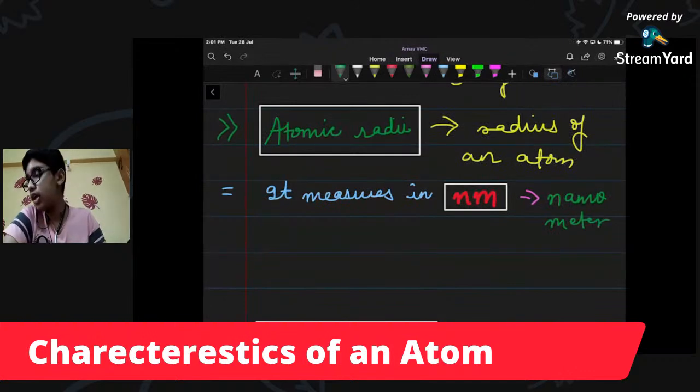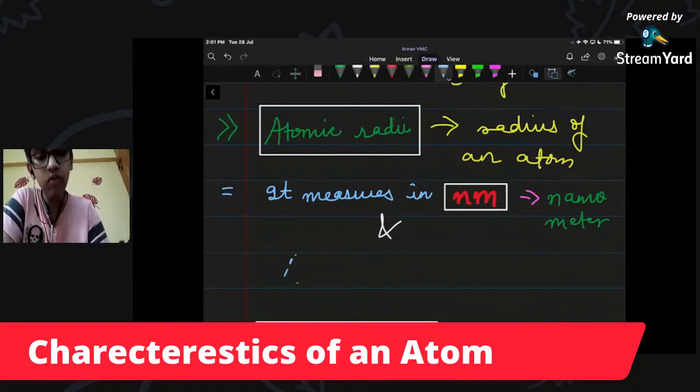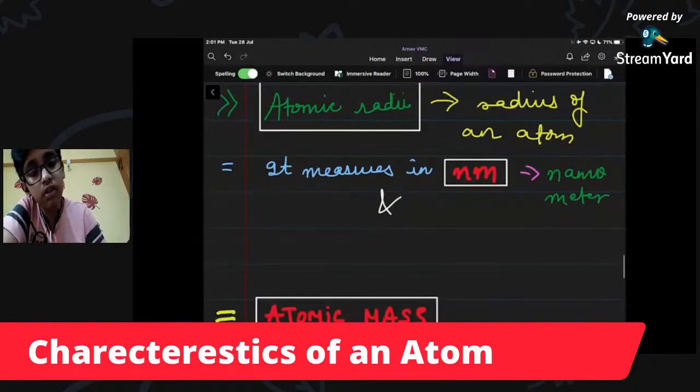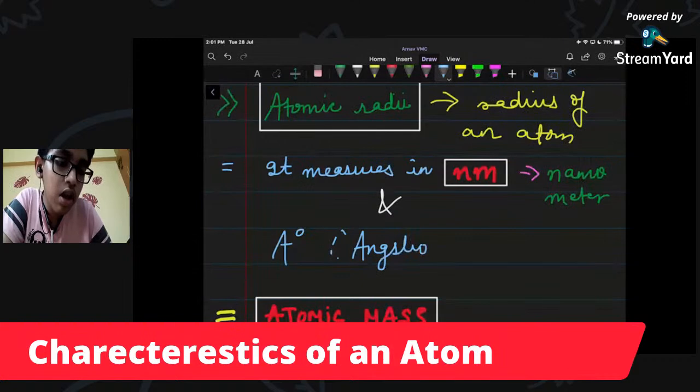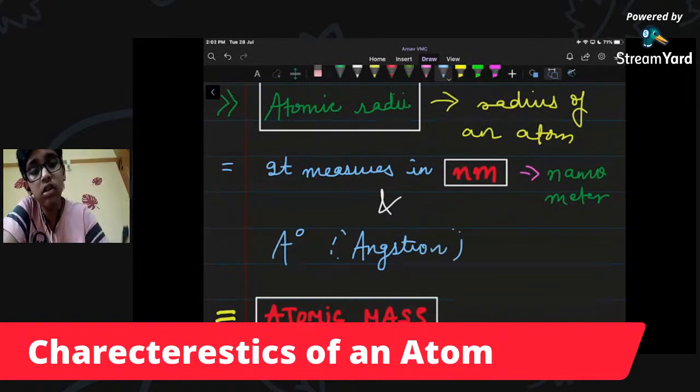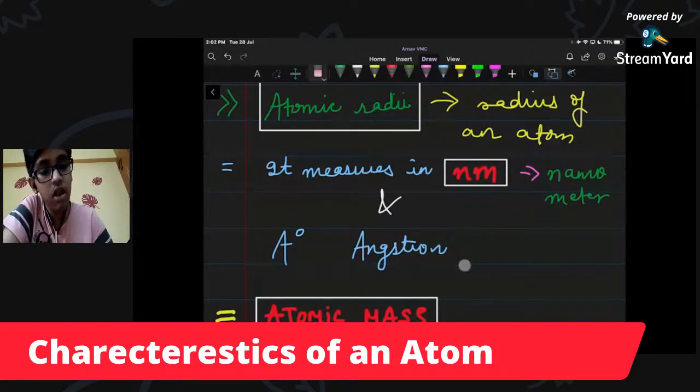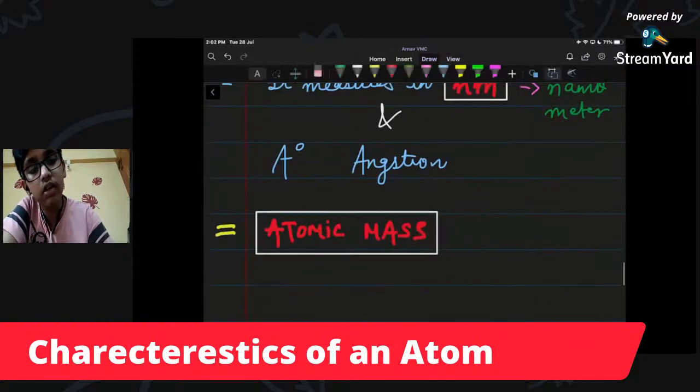It is measured in nanometer, and there's one more way of measuring: it is also measured in A, which is angstrom.